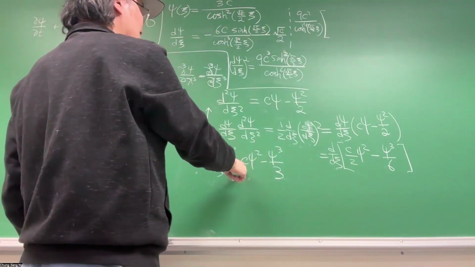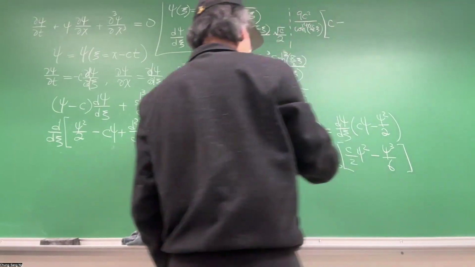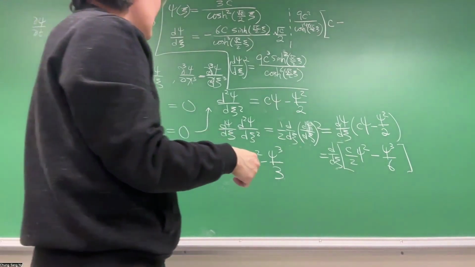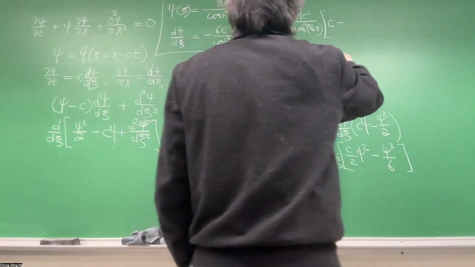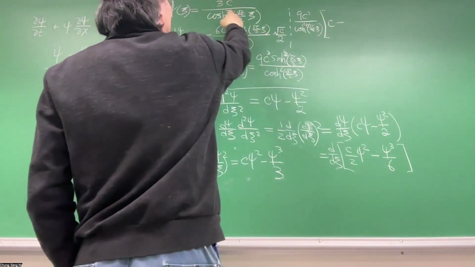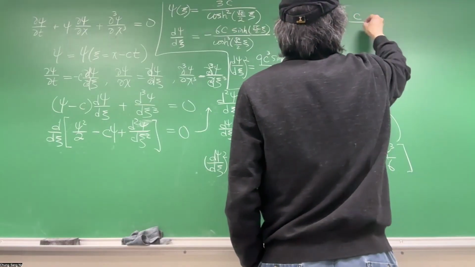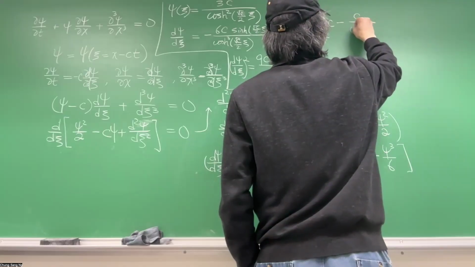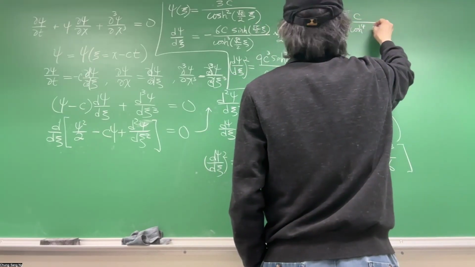Right, and c minus psi over 3 becomes, right? Psi over 3, the 3 cancels with this 3. This becomes c, and cosh to the 4th, by psi squared cosh to the 4th.